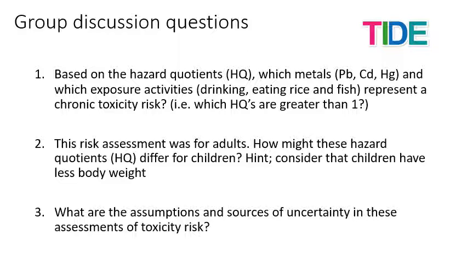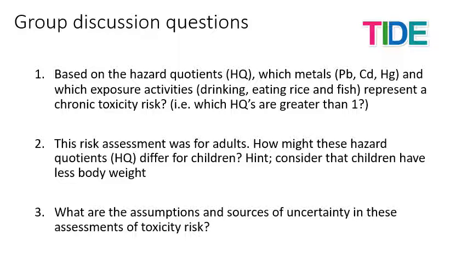So the first question is based on the results of the hazard quotients. Which of the metals, so lead, cadmium, and mercury, and which of the exposure activities, being drinking water, eating rice, and eating fish, represent a chronic toxicity risk? So which of the hazard quotients are greater than 1?